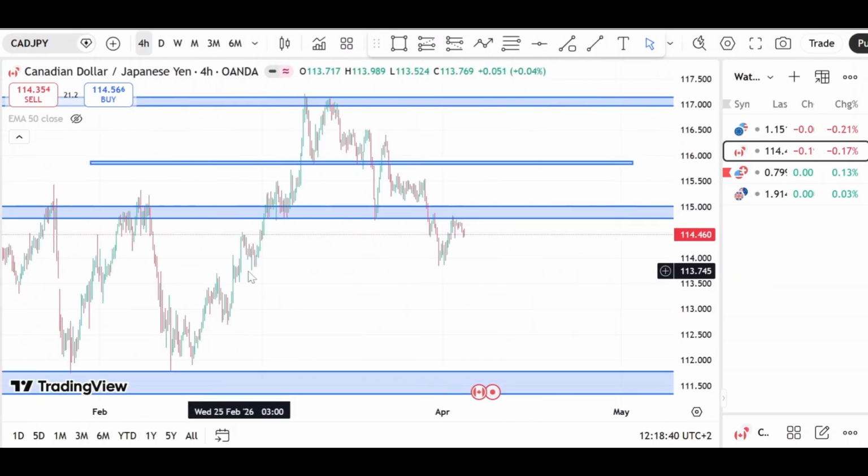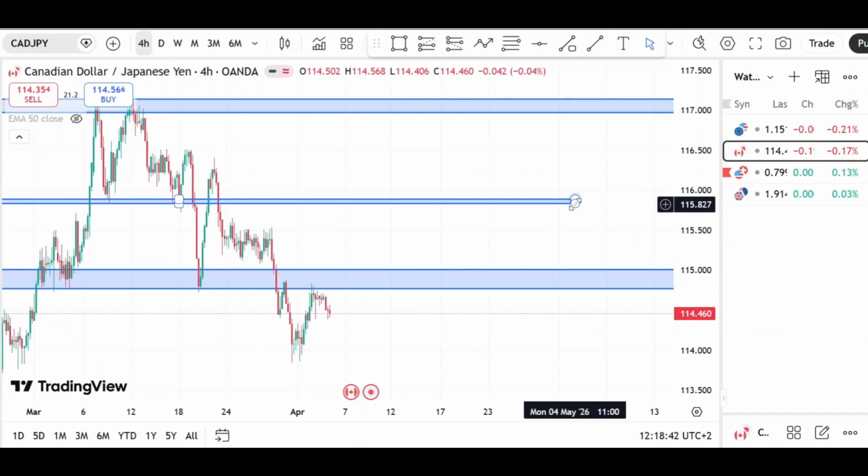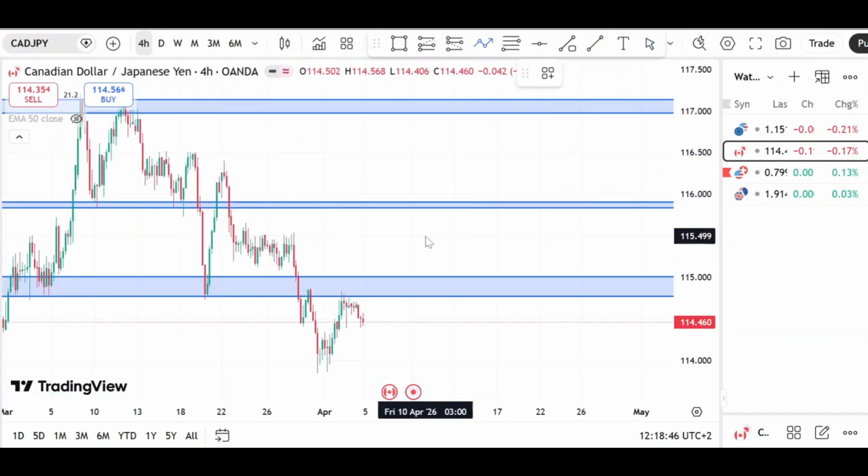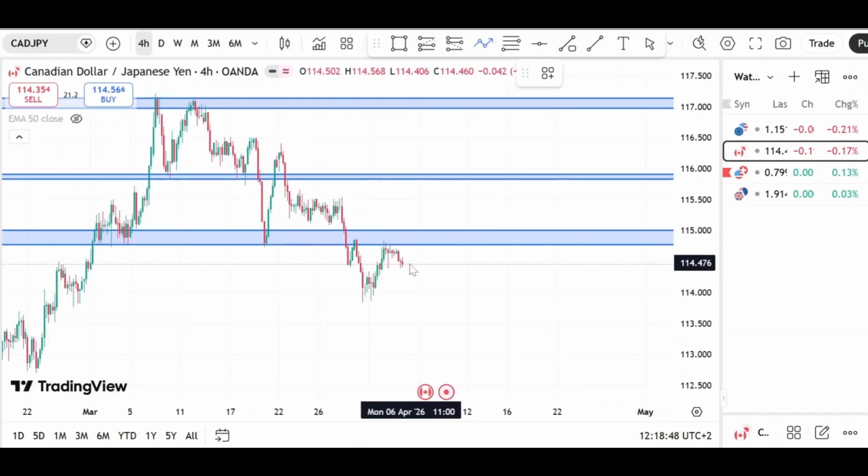But as professionals, we have to wait patiently for the alignment of the lower time frame with the higher time frame to bullish. We can expect that here is going to be a break of structure to create a higher high, higher low, then enter from here.